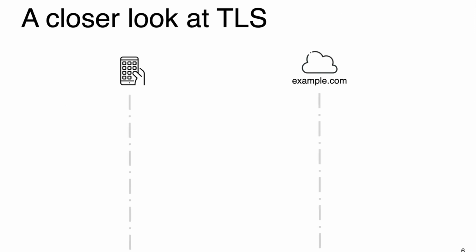So let's take a closer look at how the protocol works. We have an app trying to establish a secure connection with a server. To establish the connection, the app will send a client hello message and the server will respond with a server hello message. These messages are part of what is called a TLS handshake. An important aspect of the TLS handshake is certificate validation.